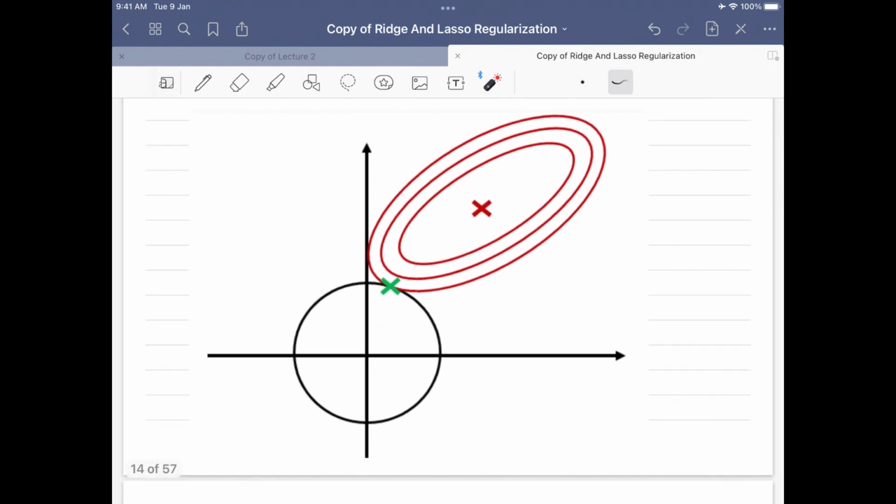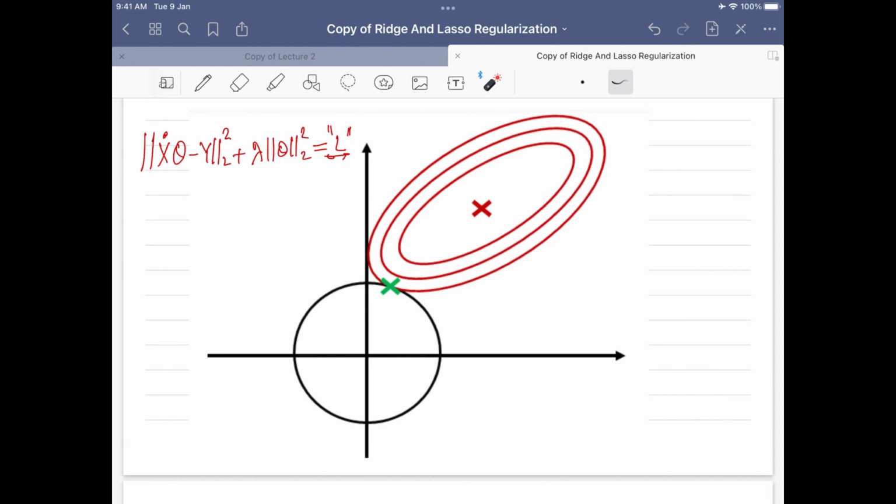Okay, so here I am trying to show you the pictorial representation of these two curves. You have this equation, right? (X theta minus y) squared plus lambda theta squared. We are trying to minimize this loss function, so we want to see how this loss function and this one look like in the two-dimensional plane.